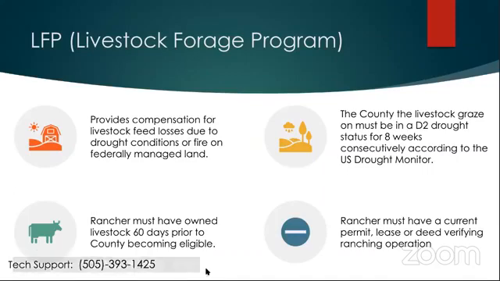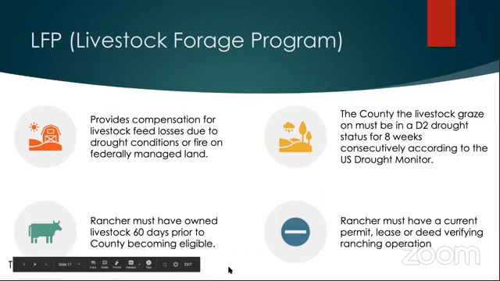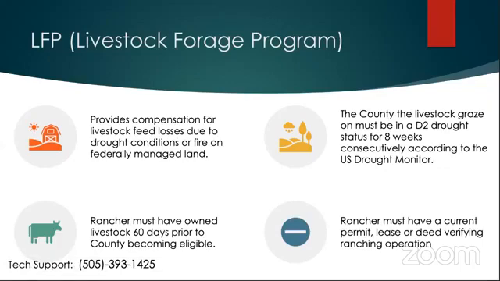Okay, the Livestock Forage Program. This is always a heavy hitter in New Mexico, and this one is totally based on the drought. What we do is provide compensation for livestock feed losses due to drought conditions or fire on federally managed lands. The rancher needed to have owned the livestock 60 days prior to the county becoming eligible.